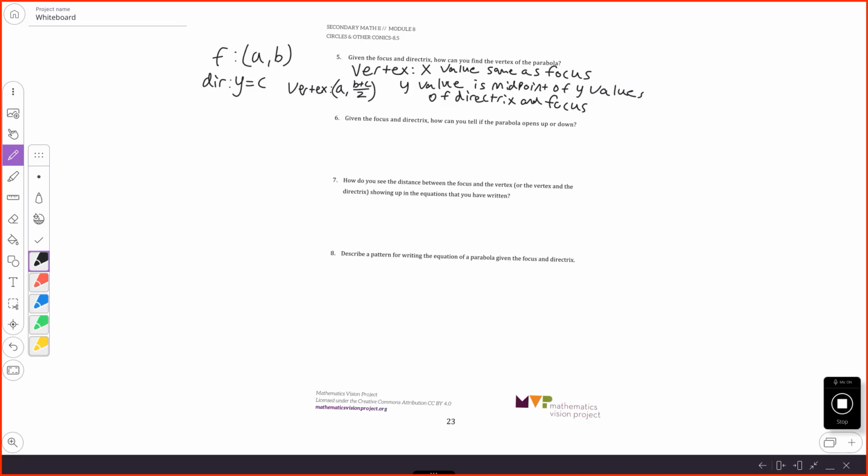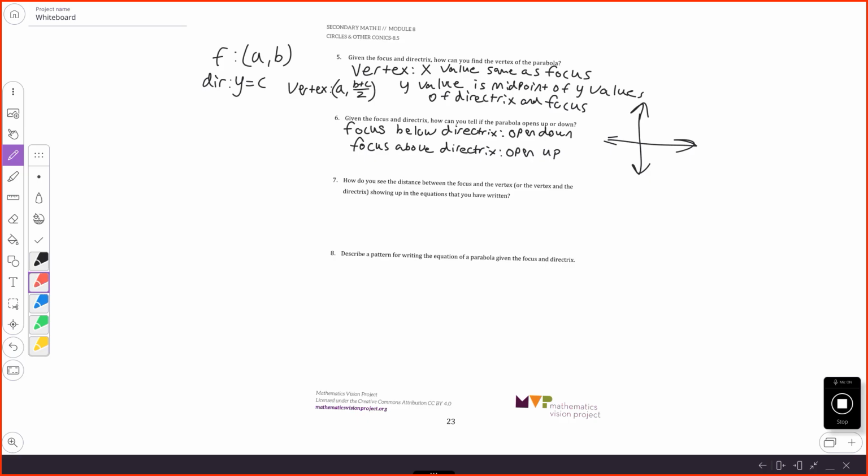So if focus is below directrix, we open down. If focus is above directrix, we open up.